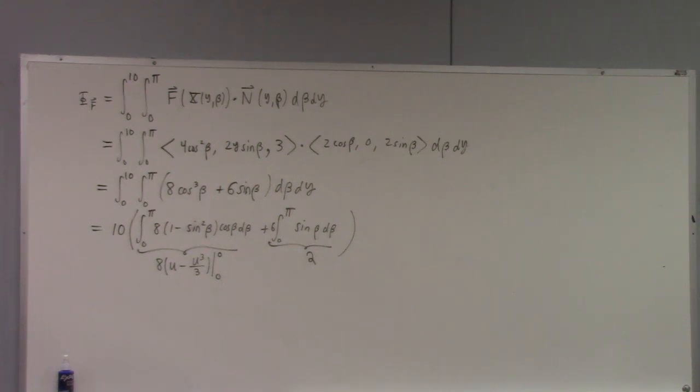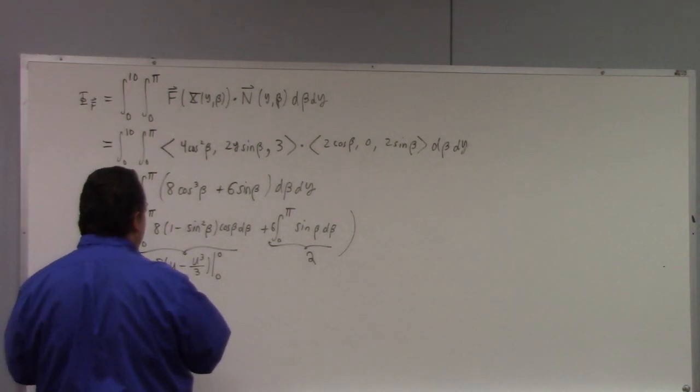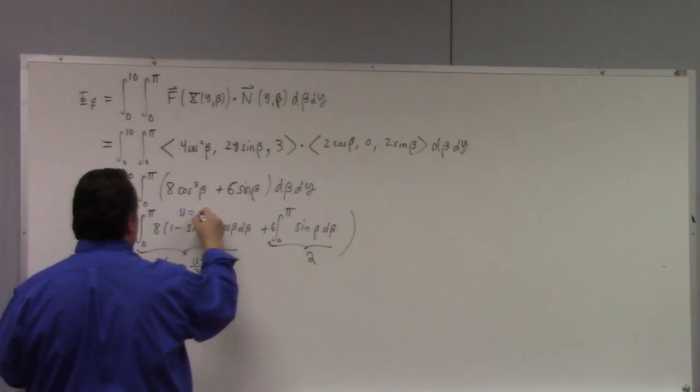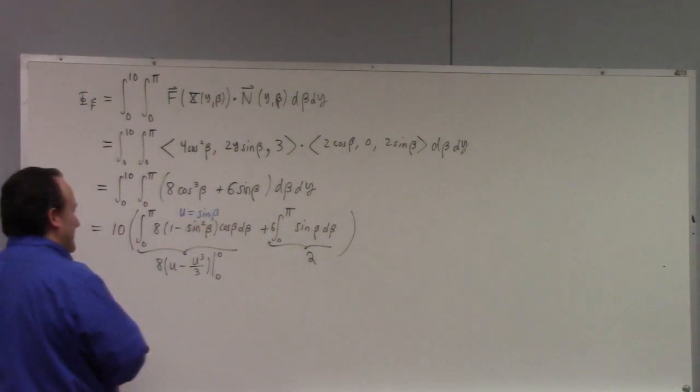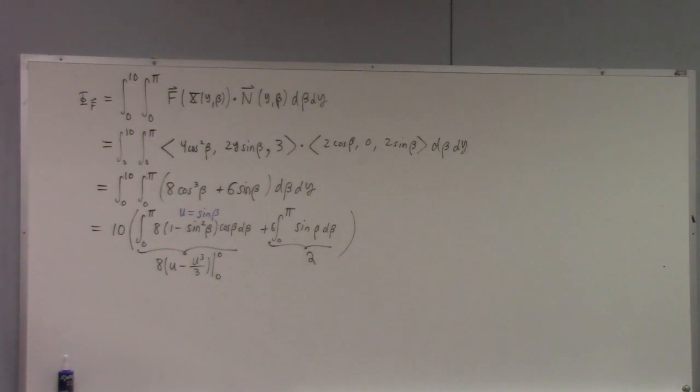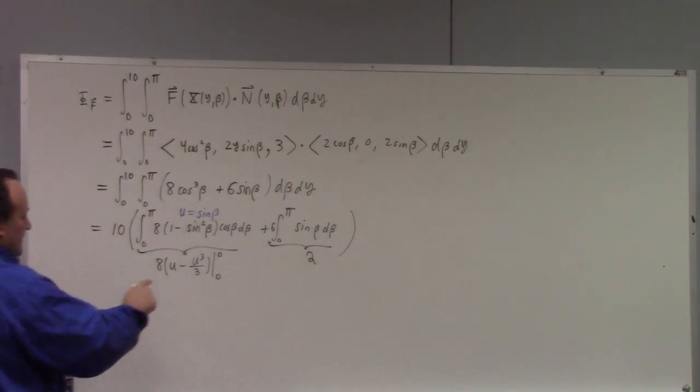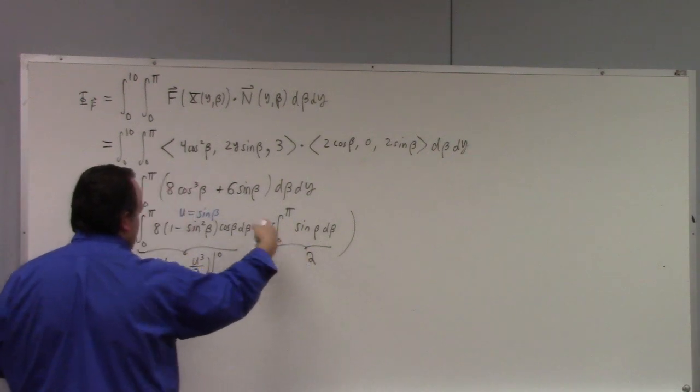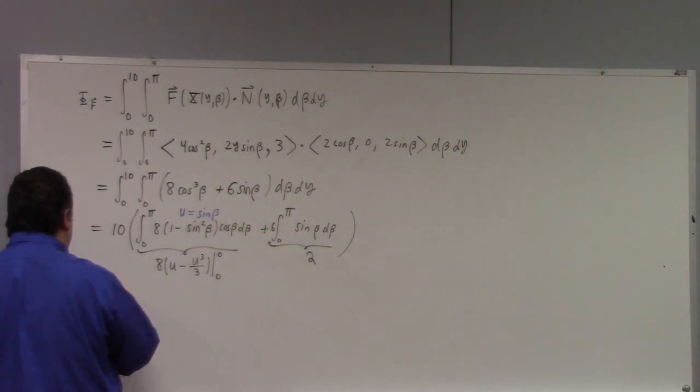If you make a u equals sine beta substitution there, what happens? What happens to the bounds? So beta equal to 0, sine of 0, 0. Beta equal to pi, sine of pi, 0. That integrates to 0. Woohoo! This integrates to 2. 2 times 6, 12, times 10, 120.